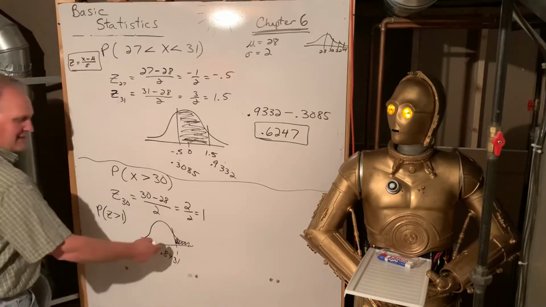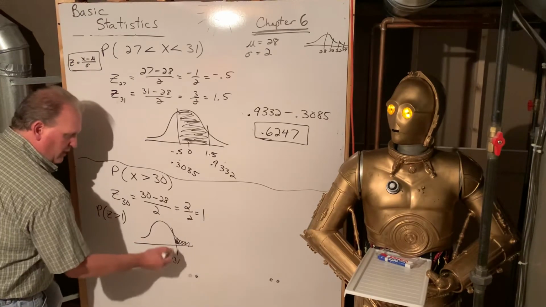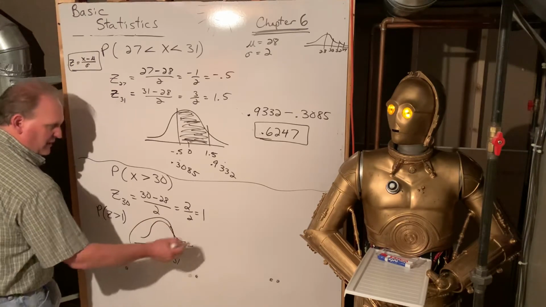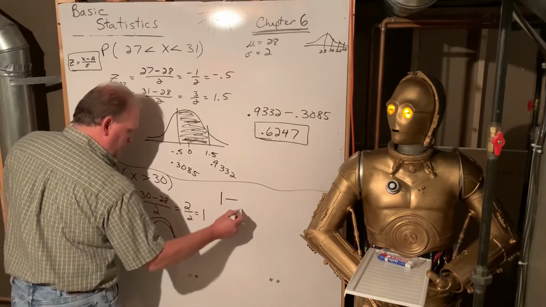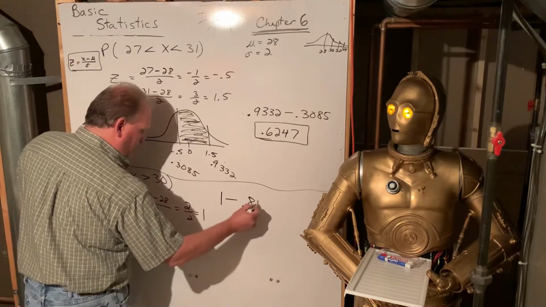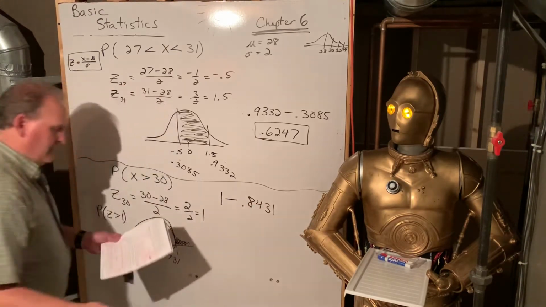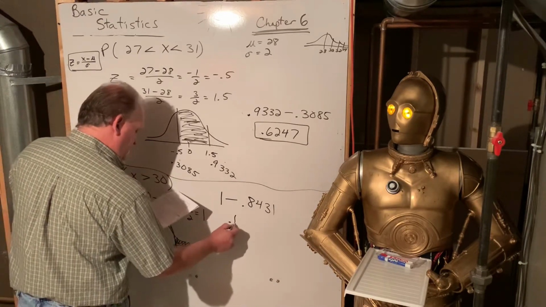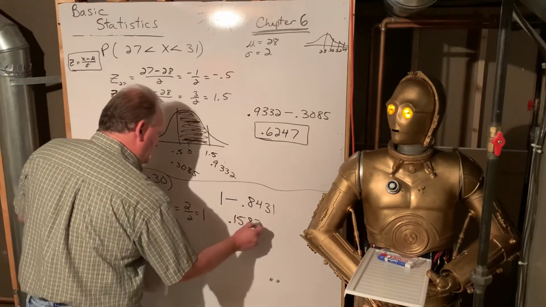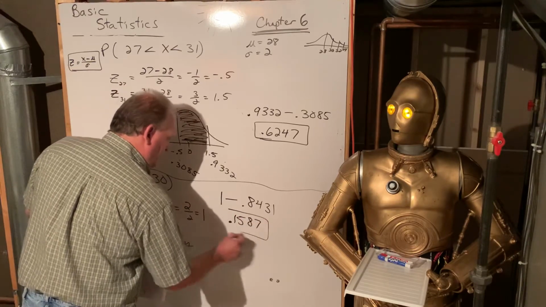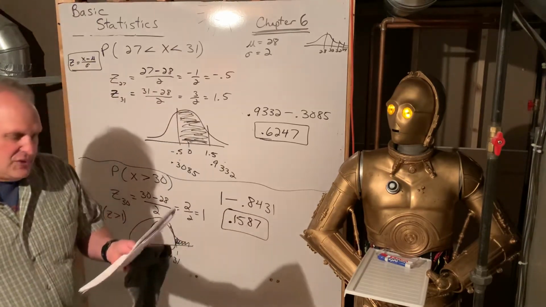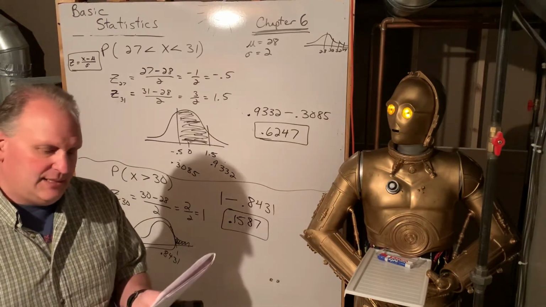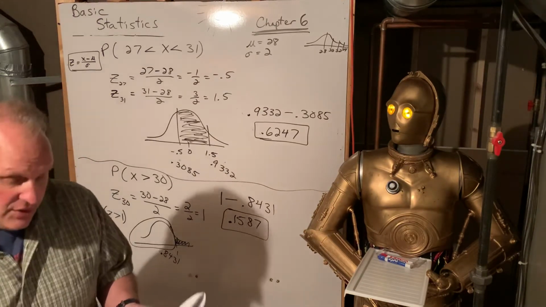Remember that 0.8431 is this part of the graph, but we want the other part, so we want the complement. So 1 minus 0.8431, and we're looking at about a 16% chance, 0.1587. So about a 16% chance, if you selected an American randomly, that they would make more than 30 pounds.